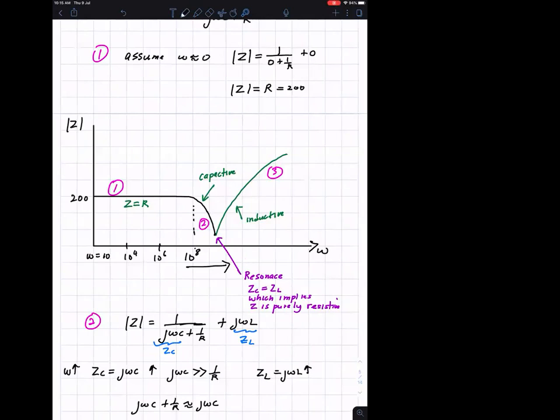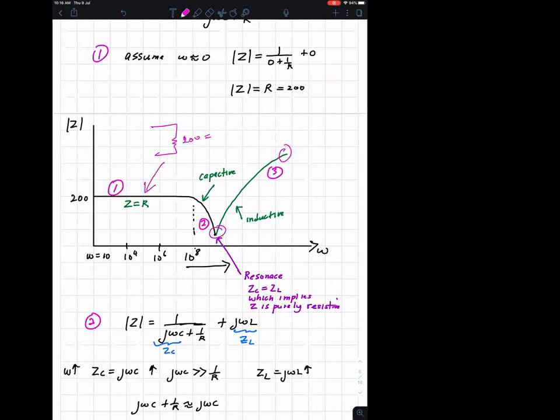Let's say you are an engineer and you bought a resistor of 200 ohms, and you're trying to design at this frequency. You are expecting the resistance to be 200 ohms, right? You're trying to design something for 200 ohms. Then suddenly, you're not aware of this model. Let's say you end up designing at this area accidentally, and it's not 200 anymore.